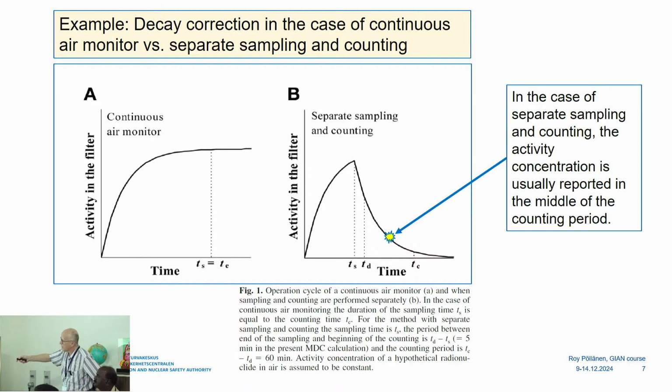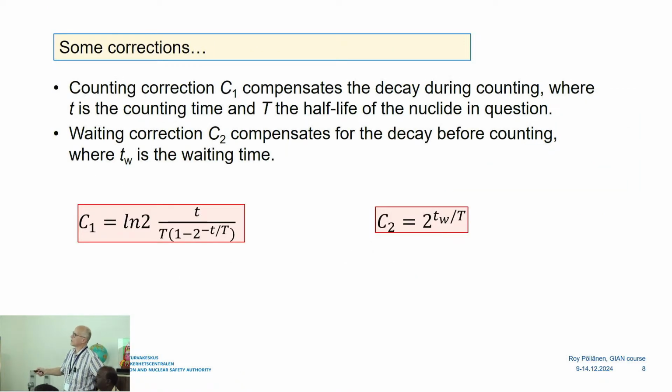Because of this behavior, we have to correct decay. So counting correction C1, which is this one, compensates the decay during counting, where T is the counting time here, and T is the half-life of the nuclide in question.